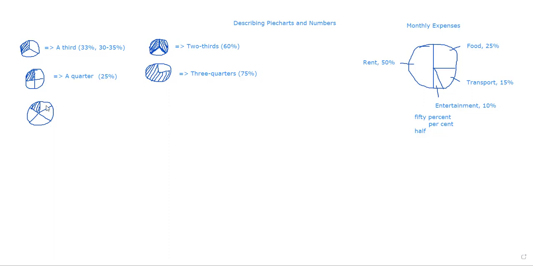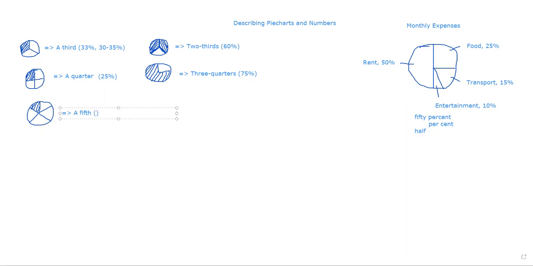So the fraction would be maybe 1/5, right? Very good. 1/5, or you can simply say a fifth. A fifth. So then what would be the percentage here? Can you tell me?